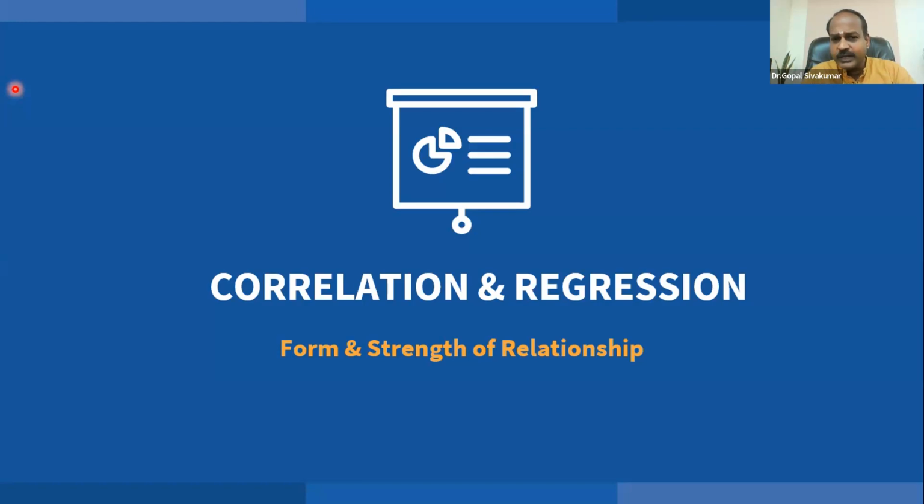So when I increase the steps, my sugar level is coming down. What kind of relationship is it? Direct, I mean positive or negative? When I increase the steps, the sugar level is going down.